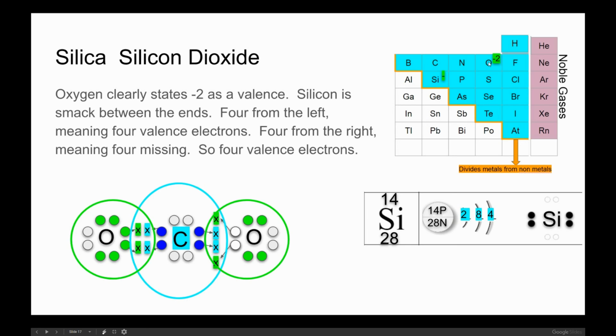Well, sulfur's right underneath oxygen. You just switch the letters. It's not going to change. The staircase you got to watch. But seriously, if you were able to draw carbon dioxide, you can do silicon dioxide. If you could do carbon dioxide, you can do carbon disulfide, carbon diselenide. That's the whole point of the table.